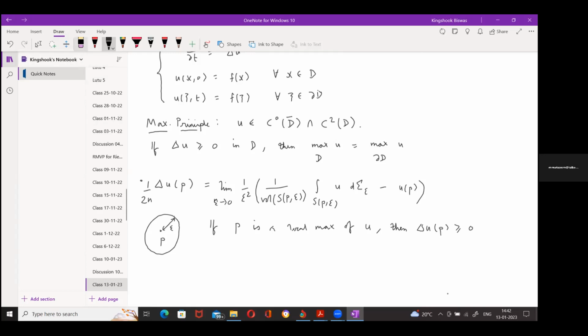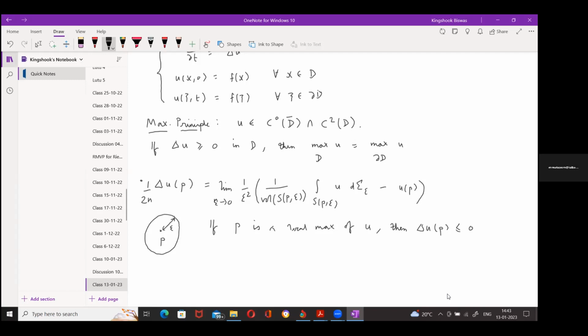Sorry, it'll be less than or equal to 0. What am I saying? Sorry, the Laplacian will be less than or equal to 0 at a maximum, right? Because this will be greater than or equal to the average value on the sphere, for a small sphere. Is this clear? So this limit will be less than or equal to 0.